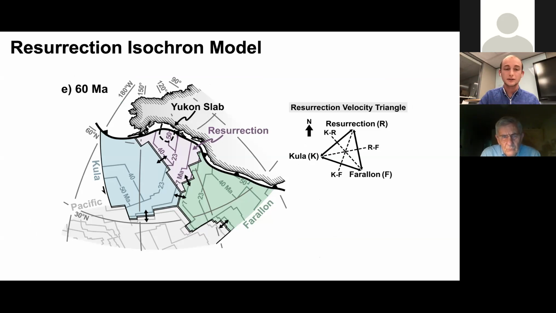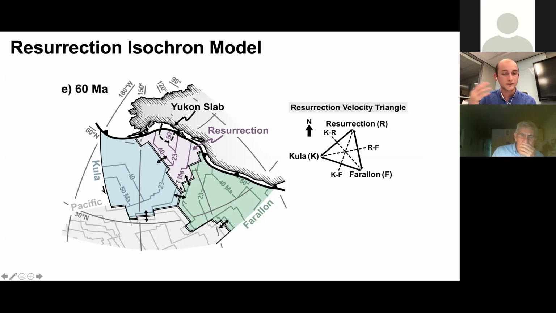So now that we have both our reconstructed slab lengths, and we can model the position of these mid-ocean ridges through time within the areas left unconstrained by our slab unfolding results, we can build this into a fully kinematic plate tectonic reconstruction by pinning these ridge-trench intersection positions through time, and then assuming geometry for the Kula-Resurrection-Farallon triple junction here.